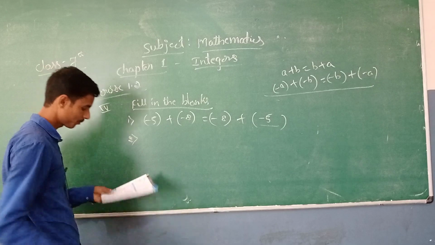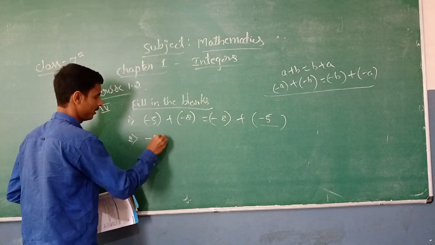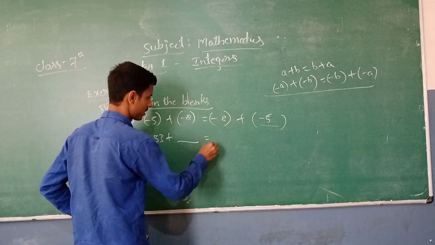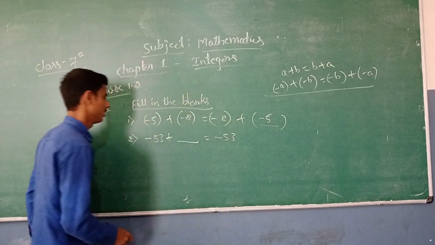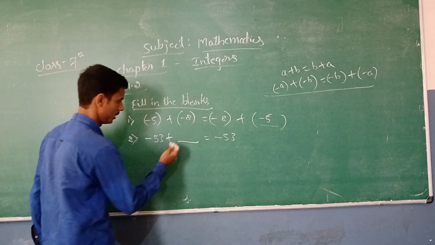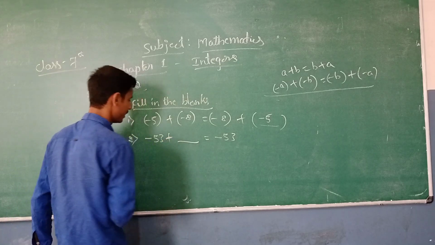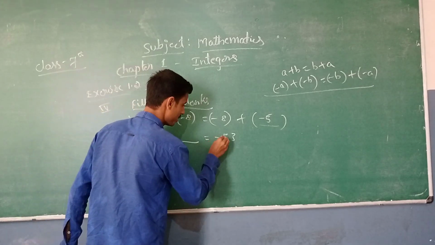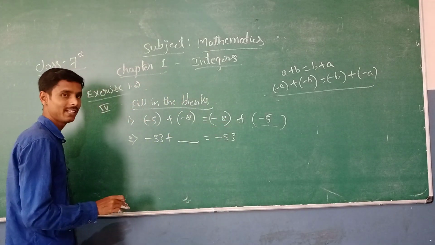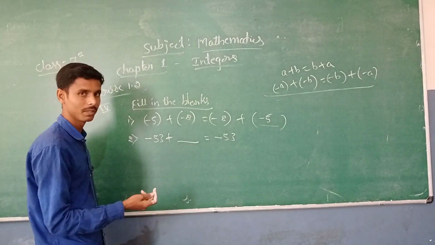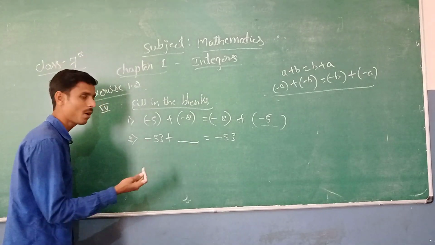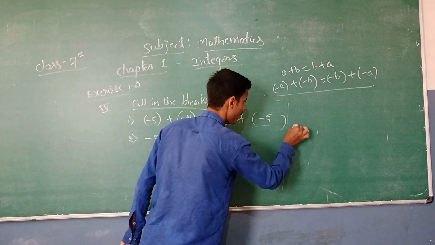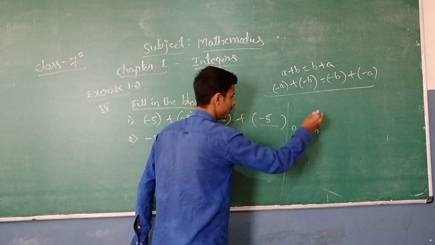So second one, -53 plus dash equals -53. If we add 0 to -53, we get -53. Other than that, we can't write anything here, because we already know 0 is an additive identity.